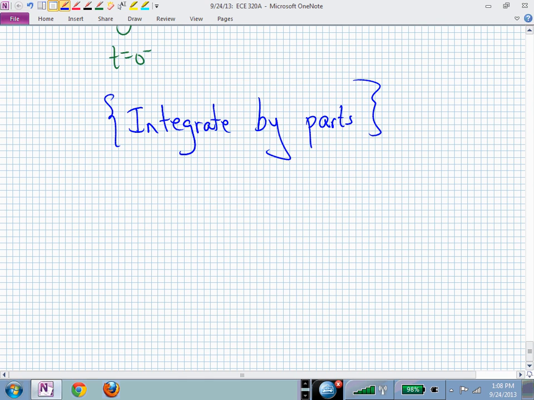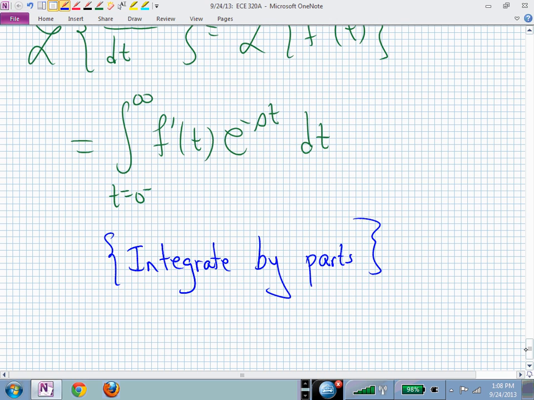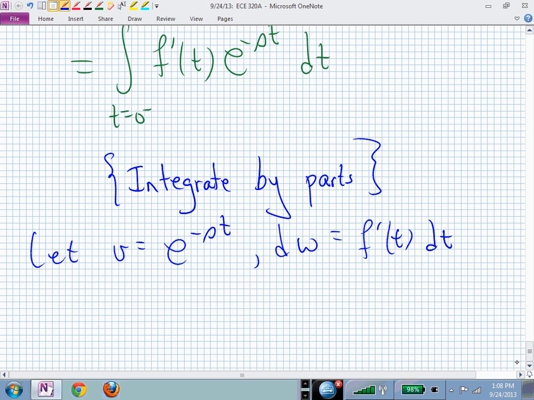Okay, so now we're integrating by parts. And what we will do is define variables v and w. Let v be e to the minus st. w is what's left over in my integrand when I get rid of the v, and so that's going to be this f prime of t dt. I'm trying to basically get rid of the derivative inside the integrand, and I'll do that by defining dw to be this expression.